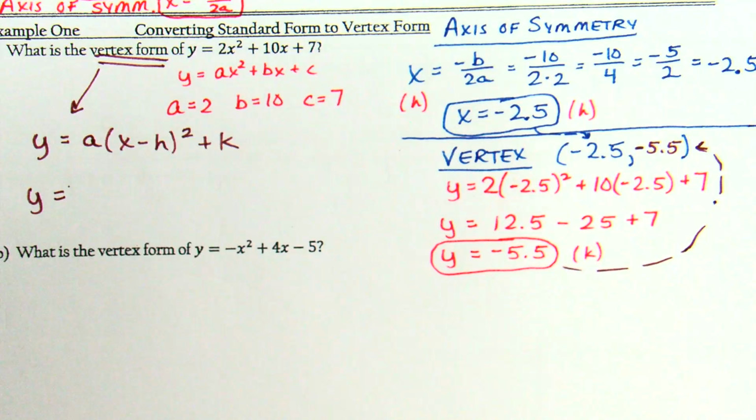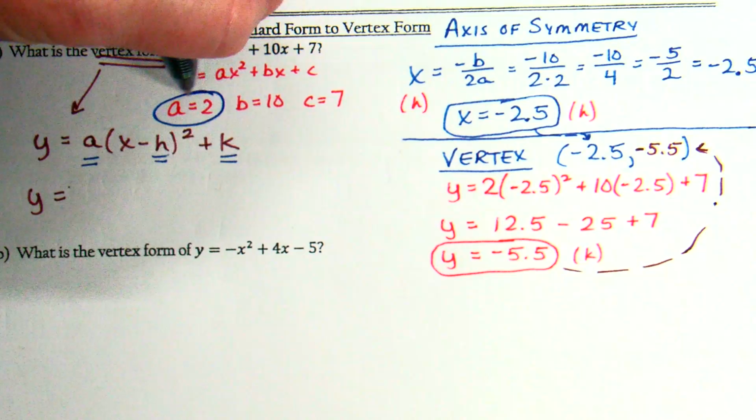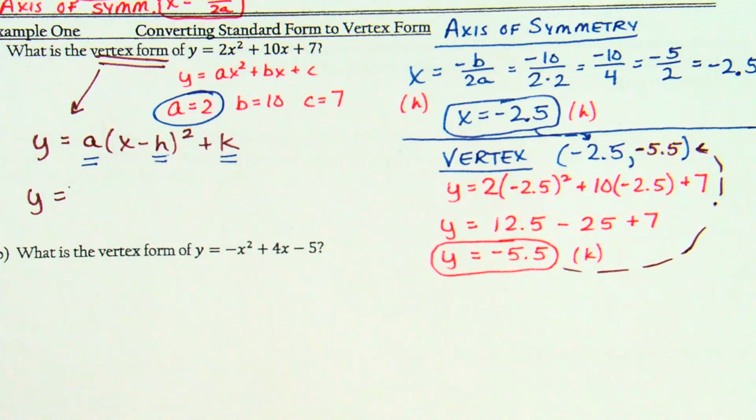And the awesome news is that means, did we have to do any work to find a? No. If they give you standard form, they're giving you your ABCs. That a from your ABCs is the same a I need here as part of my a, h, k. Oh, yeah, because it was 2. Okay, so final answer. y equals a is 2 times (x minus h).